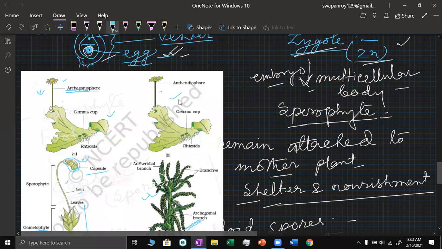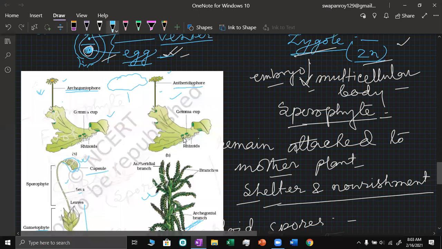The antheridia develop on the disc of the antheridiophore. This one is slightly different, more or less like a disc with a stalk. But the archegoniophore and antheridiophore are not developed in all liverworts.